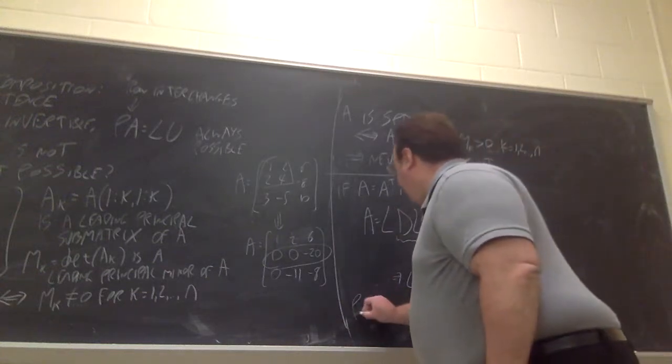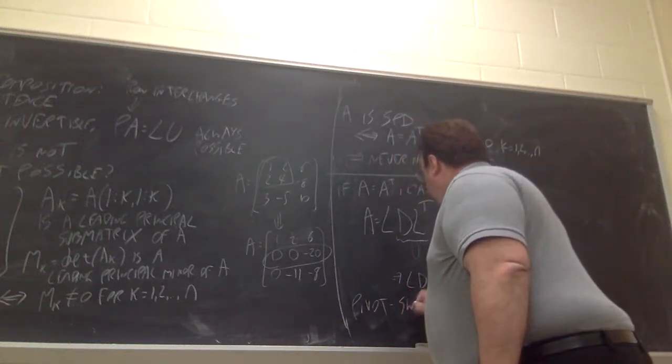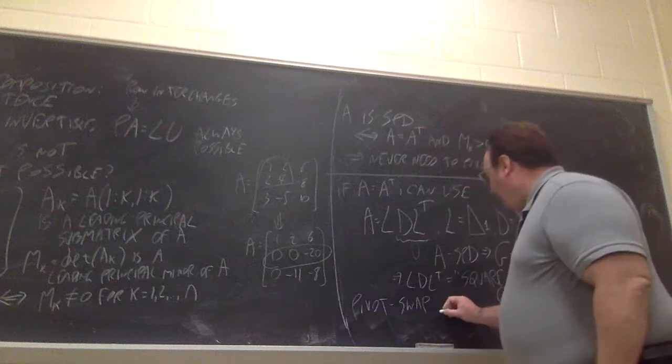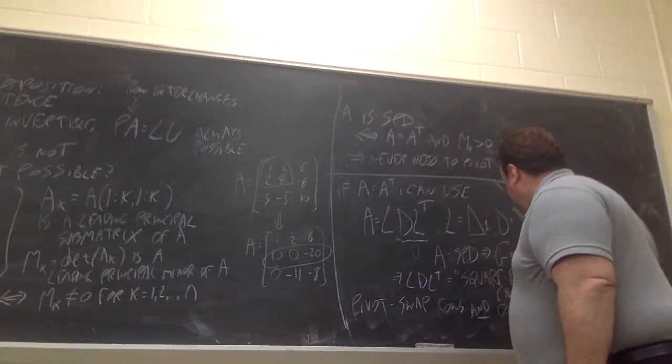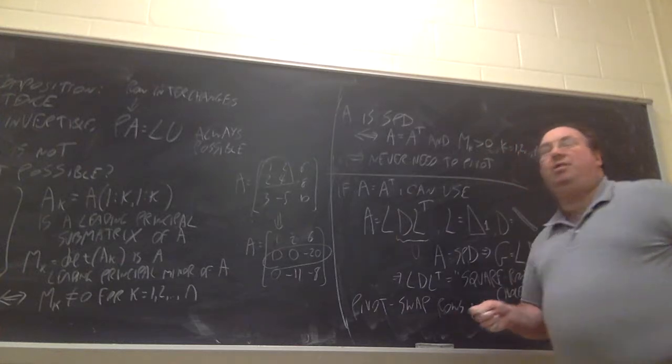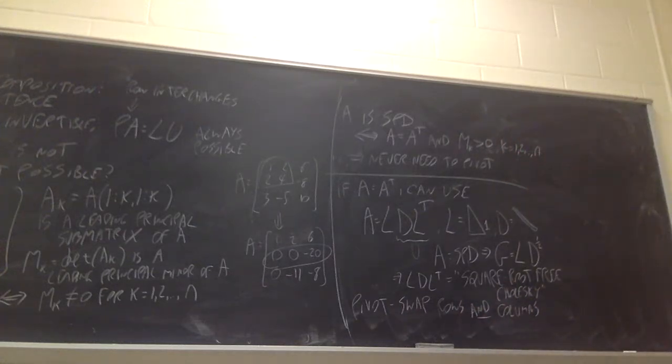So you should pivot in a symmetric manner. That means swapping rows and columns. So if you decide to swap rows 1 and 2, then swap columns 1 and 2 also. So if you do that, then you can preserve symmetry.